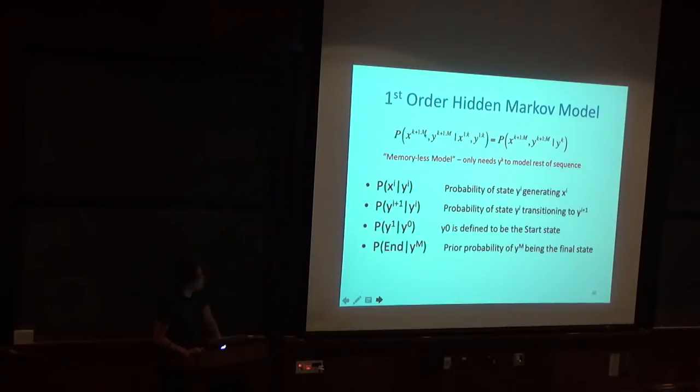If I observe x_1 through k and y_1 through k, and I want to model the distribution of the remaining x and y's, because of the hidden Markov model assumptions, once we condition on observing y_k, it doesn't depend on anything else in our previous history.